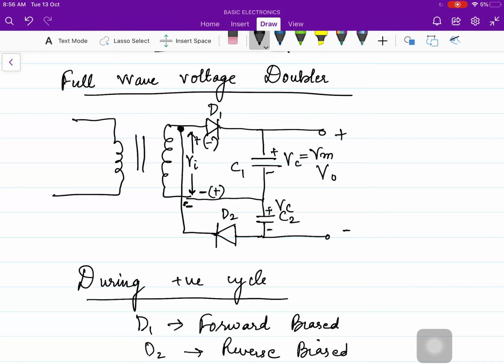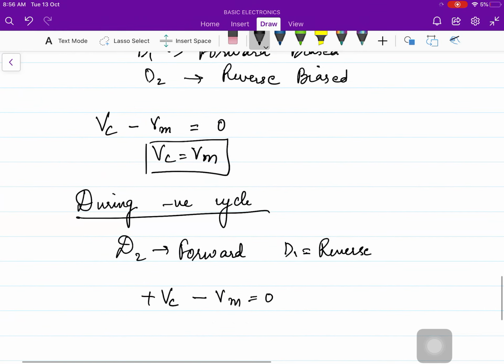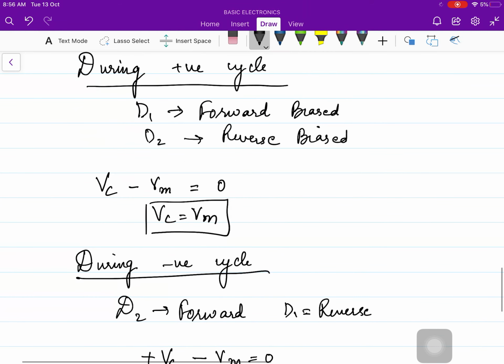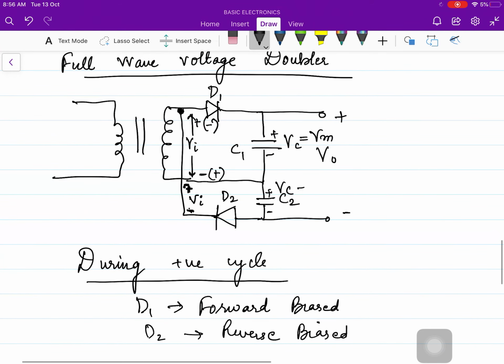You are getting a minus over here and a plus over here because this portion is connected to the above part. So you are getting plus Vc minus Vm because you are getting Vi over here. So plus Vc minus Vm is equal to 0. So again Vc is equal to Vm. Now let us mark it here also. Vc is equal to Vm.